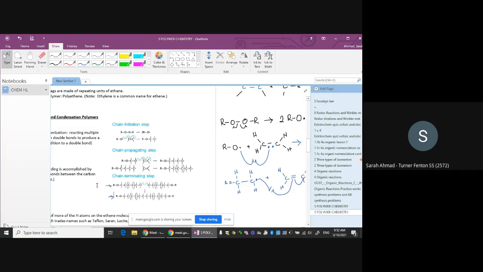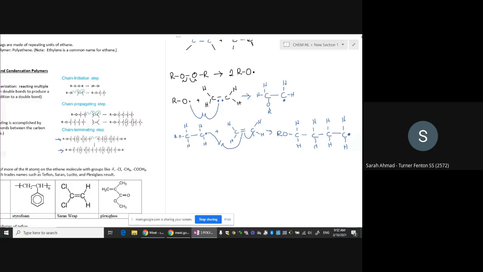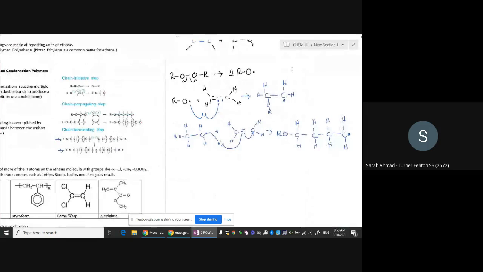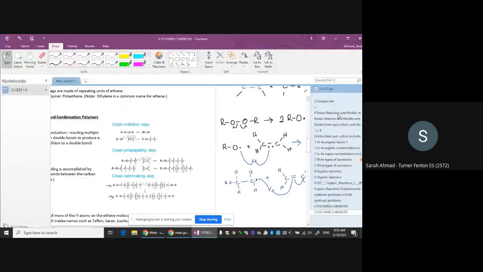And because there's a greater availability of ethene, it will make for more chains with lots and lots of ethene getting added.